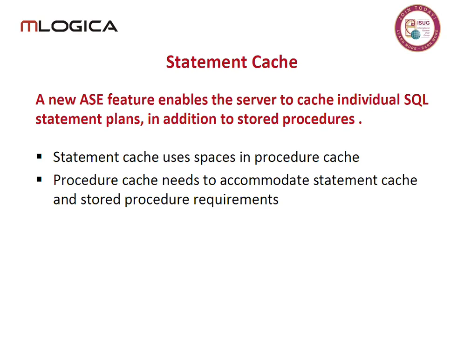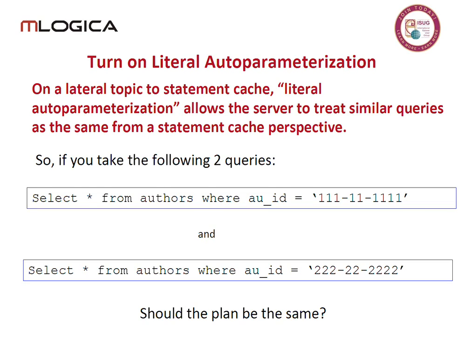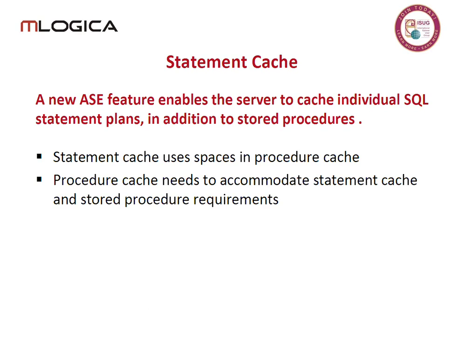The idea behind statement cache is if we have the ad hoc queries, we can avoid that additional optimization step. Is that always a good thing? Well, we get to make that type of decision with the literal auto-parameterization. We'll come back to this in just a second. So with statement cache, we're accommodating this.